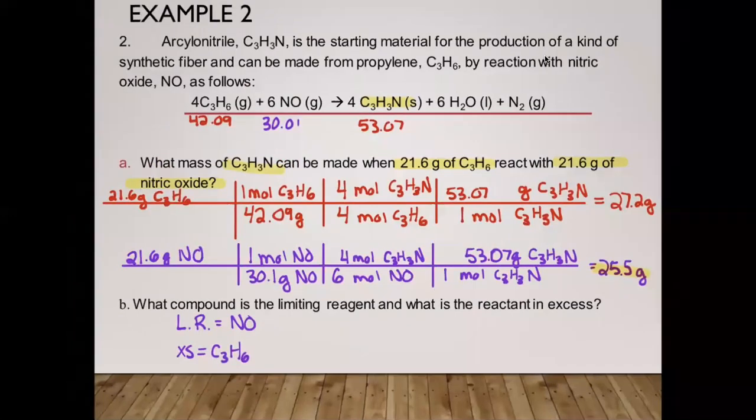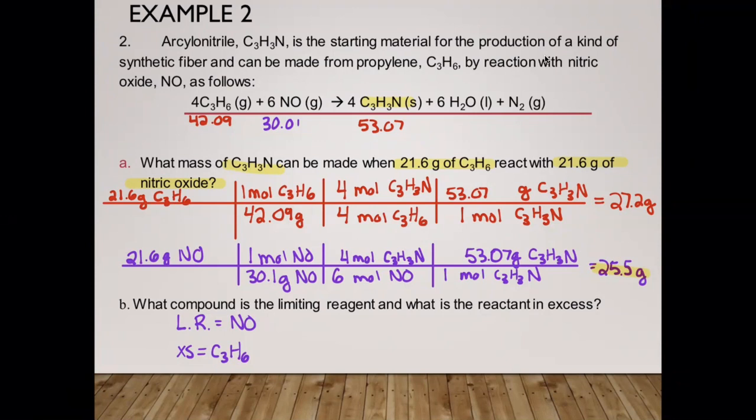Once you know the limiting reactant, so once I know that nitric oxide is my limiting, then I don't really want to be using the C3H6, the propylene, to solve anything. If I asked other questions about how much water is produced or how much nitrogen gas is produced, only the nitric oxide would be giving me the correct value for my theoretical yields.